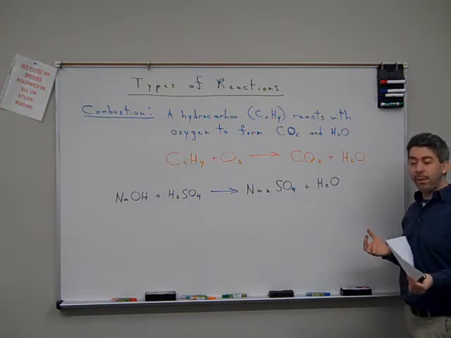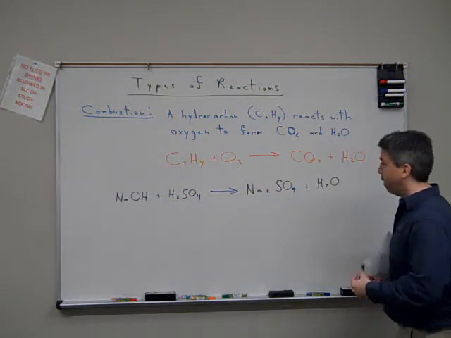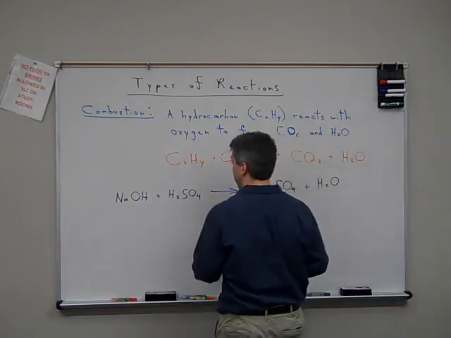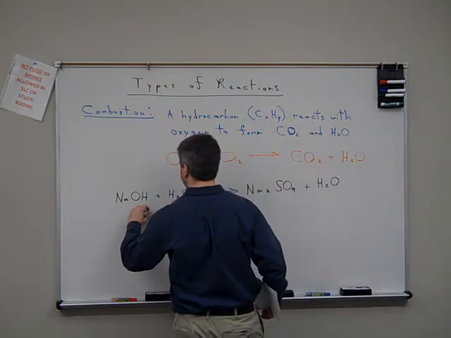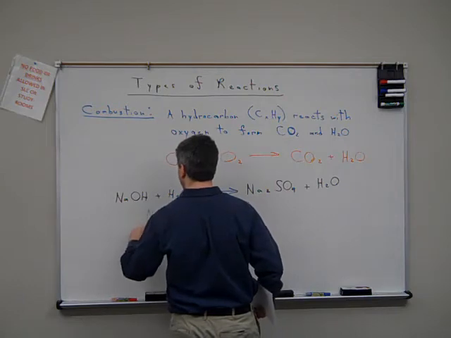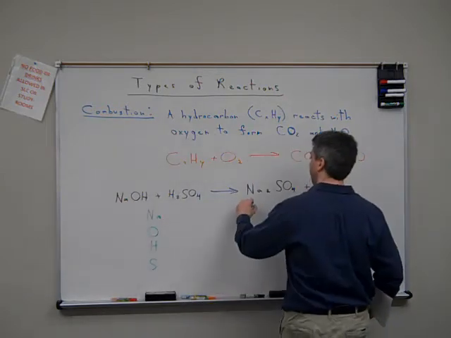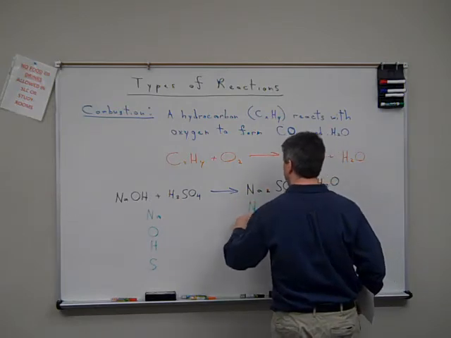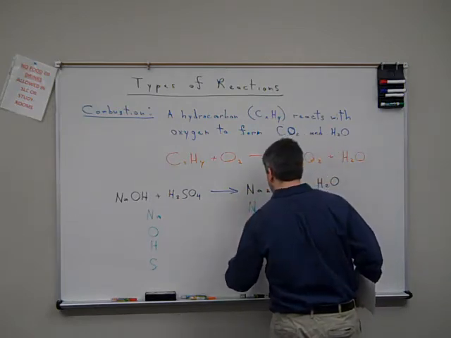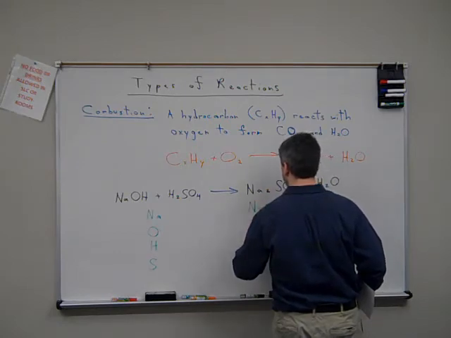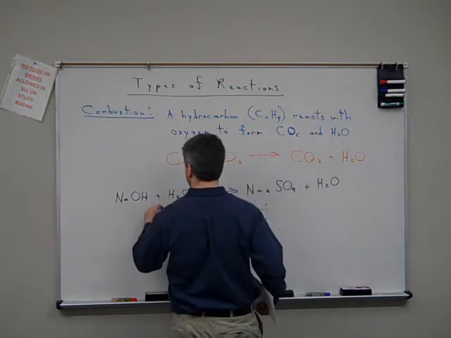This can be a little bit intimidating, but if you list out your elements, not so bad. So I have, on my element side, sodium, Na, I have O, I have H, and I have S. Okay? I'm going to list the same elements over here, Na, O, H, and S. Now, there are some people who will tell you to keep the polyatomic ions together.